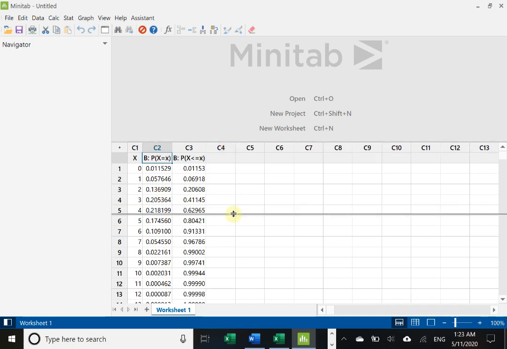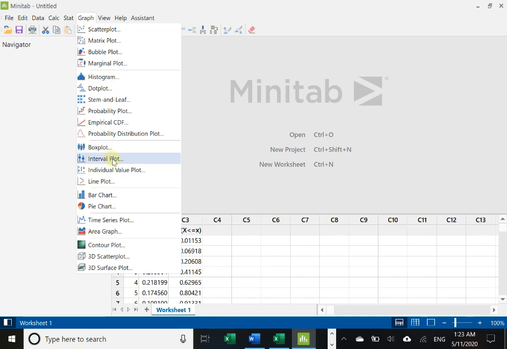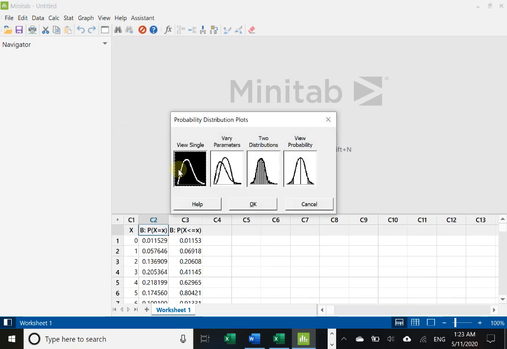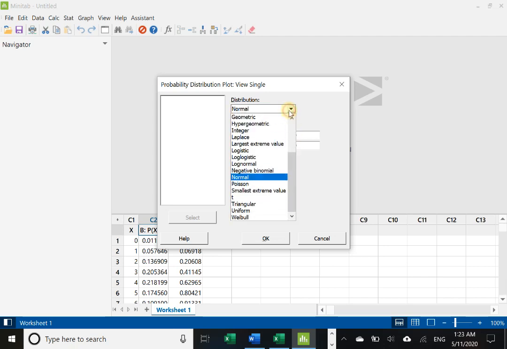Now, let's say you want to do the distribution. Shape, Graph, Probability Distribution Plot, View Single, okay. And we're going to choose, go up, slide. See, you can slide up and down.